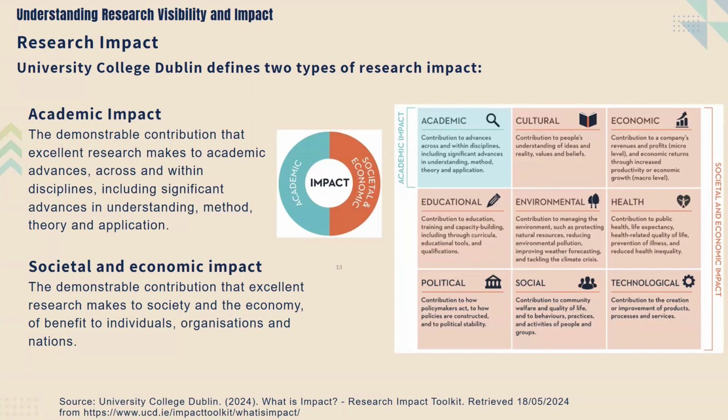It encompasses notable achievements in comprehension, methodology, theoretical frameworks, and practical application. Societal and economic impacts represent the tangible benefits that exceptional research provides to society and economy. It is the kind of impact that yields positive outcomes for people, organizations, and the country as a whole.